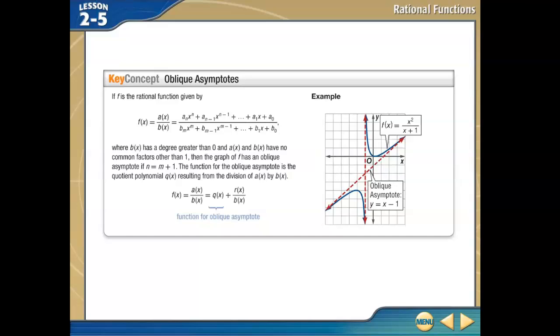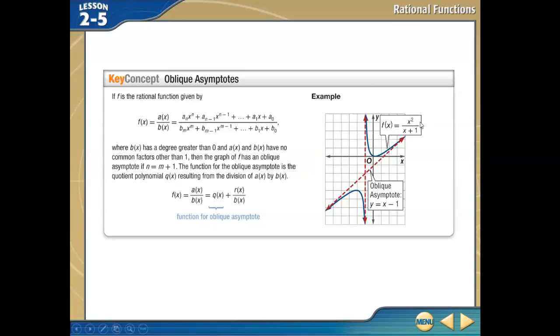So if f is the rational function given by f of x equals a of x divided by b of x, where b of x has a degree greater than 0 and a of x and b of x have no common factors other than 1, then the graph of f has an oblique asymptote if n is equal to m plus 1. So that's the degree of your numerator is exactly 1 greater than the degree of the denominator.